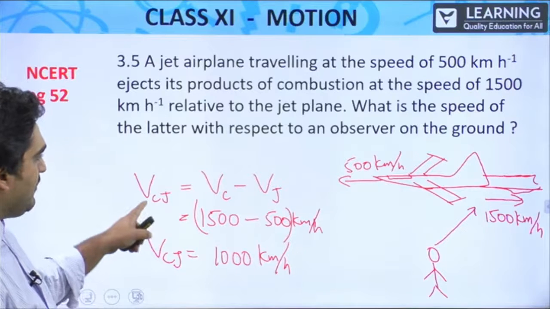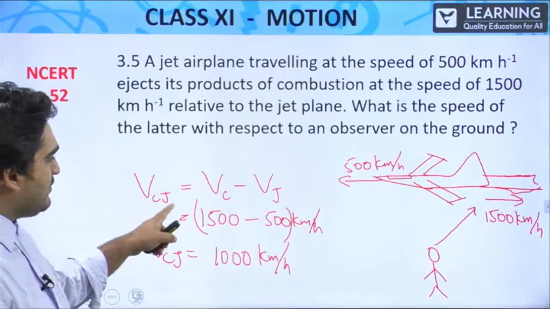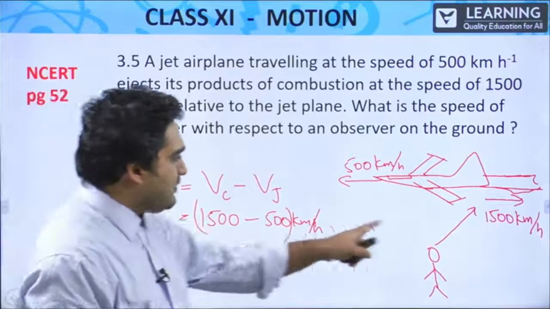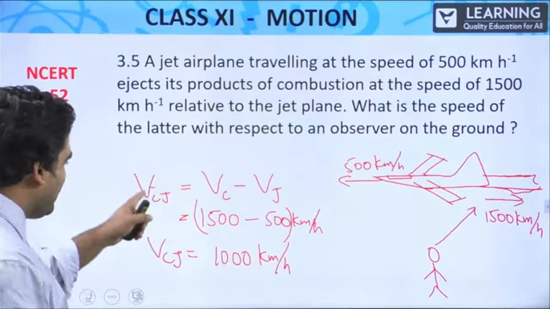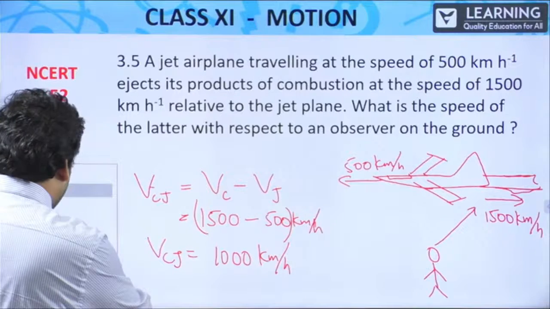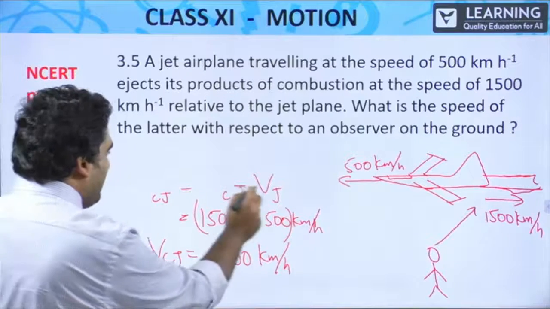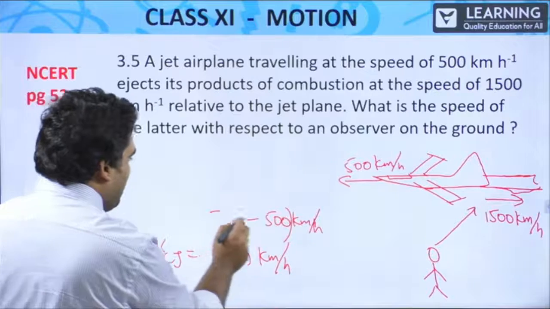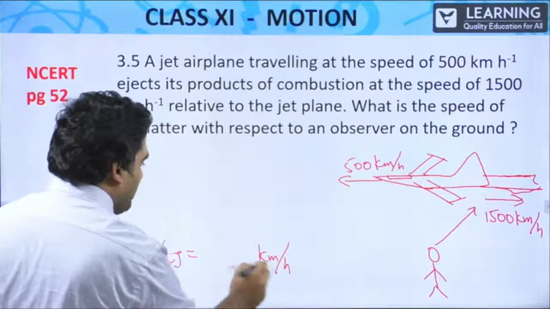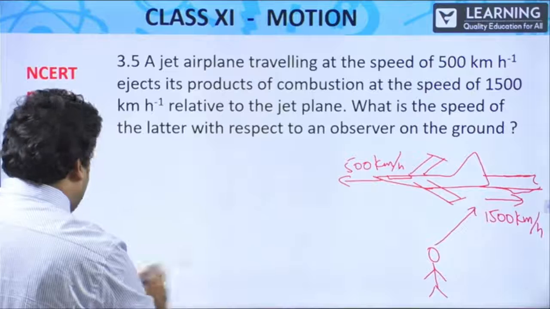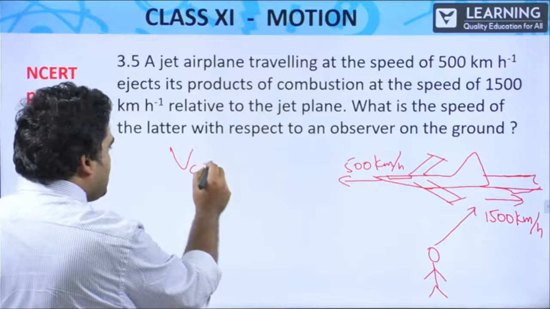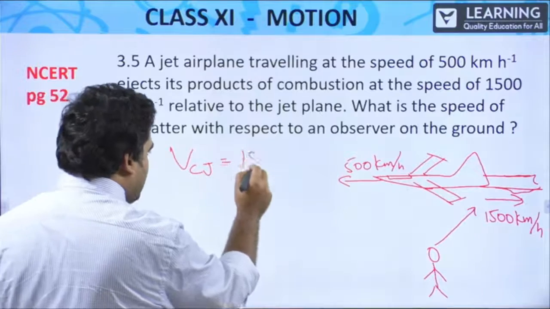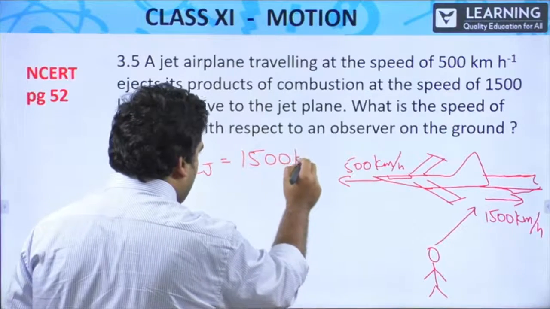One moment, forgive me. I'm so sorry. You have to be very careful in considering which of the following is which. Velocity of combustion with respect to the jet plane is 1500 km/h.